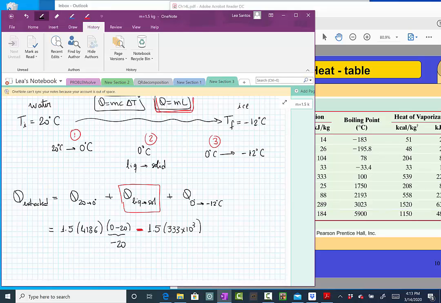Let's go for the next step. The next step is this final step where everything now is ice. We changed the phase and now we want to keep lowering the temperature. We still have the same mass, 1.5. For c, we have to put the specific heat. Very careful now. We don't have liquid water anymore. We have ice. What is the specific heat for ice?